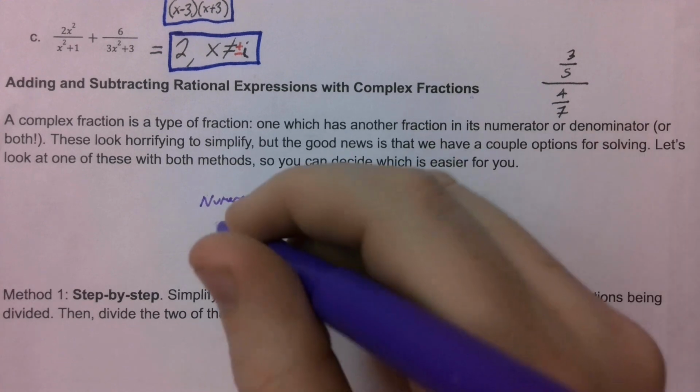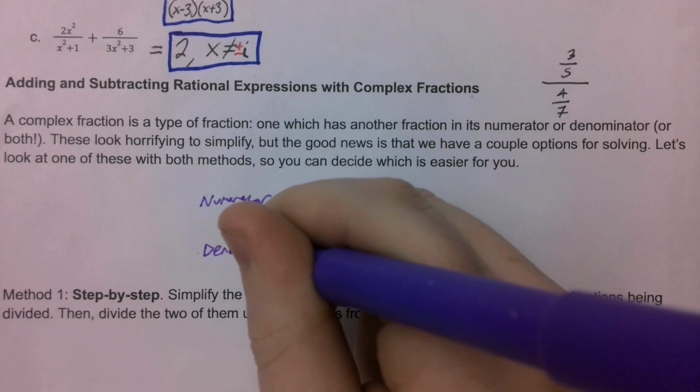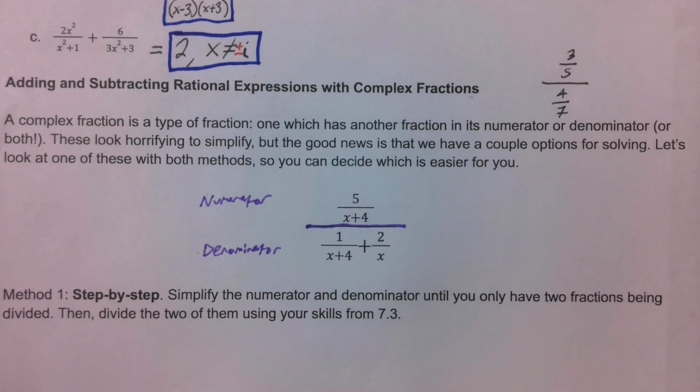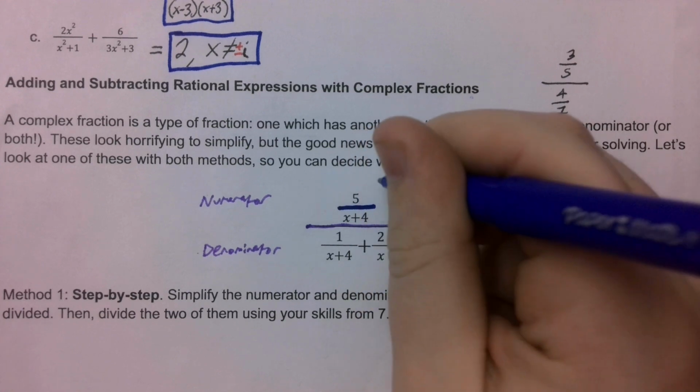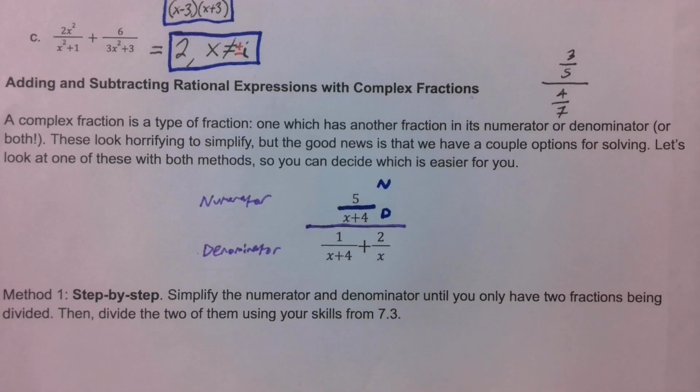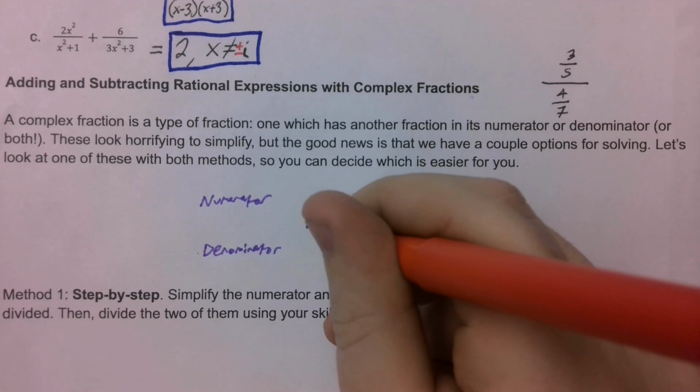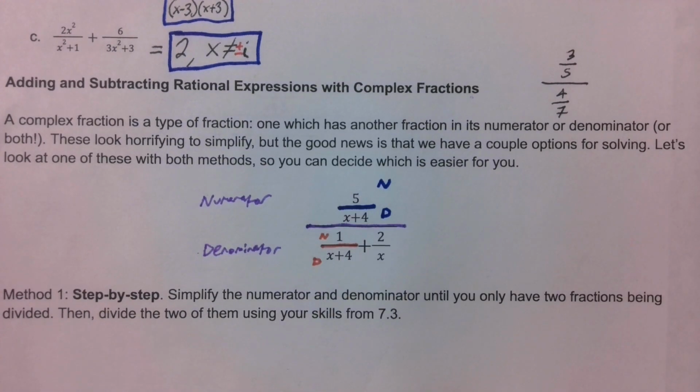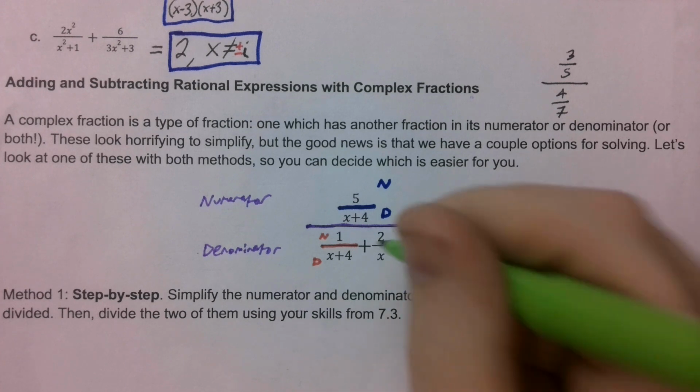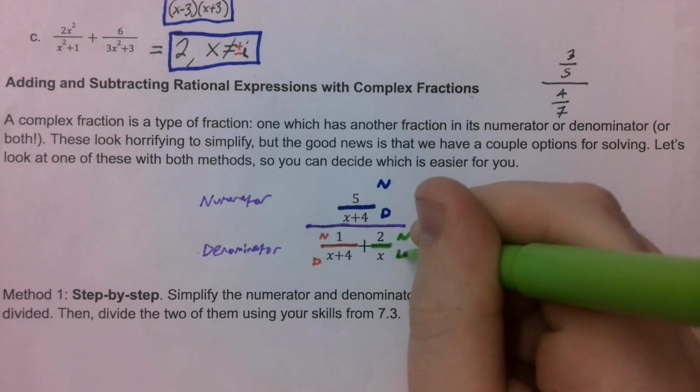This is our numerator, and down below is our denominator. But each of those have a smaller numerator and denominator. So like here, this is our numerator, this is our denominator. On this one down here, we've got another numerator and another denominator. On this one here, we've got another numerator and a denominator.